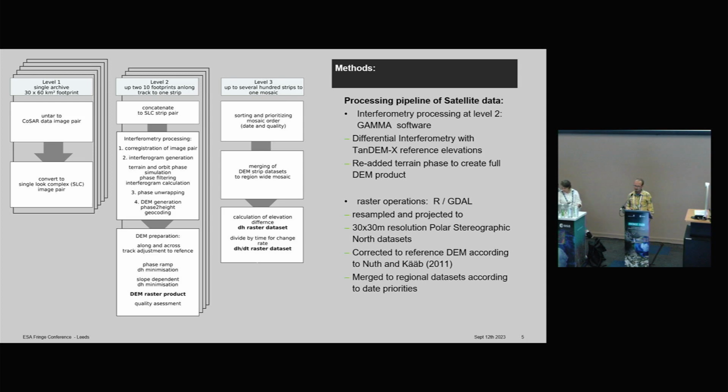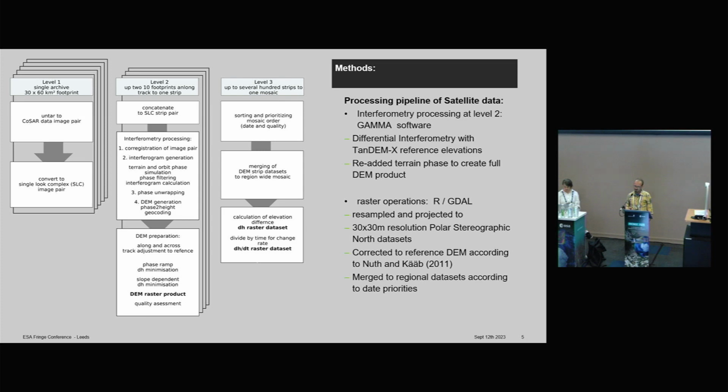It's quite standard differential interferometry, but we re-add the terrain phase, so we get full DEM products, which we later correct to the reference DEM with a Nuth and Kääb correction. It's a very common co-registration method to compensate for shifts in X, Y, and Z direction.